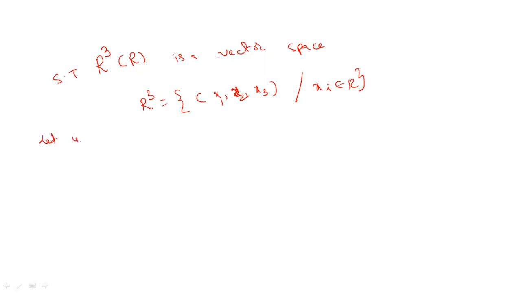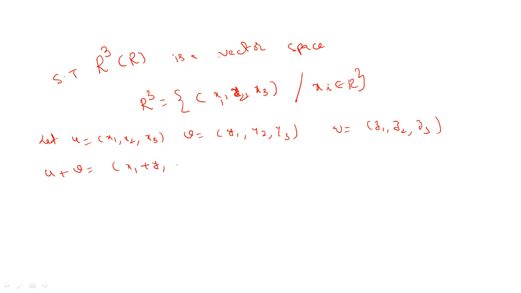So let us take a vector u is x1, x2, x3. Let us take one more vector v, y1, y2, y3. Let us take one more vector w, z1, z2, z3. Now first question, u plus v. How will you define addition in the triads? This is x1 plus y1, x2 plus y2, x3 plus y3.